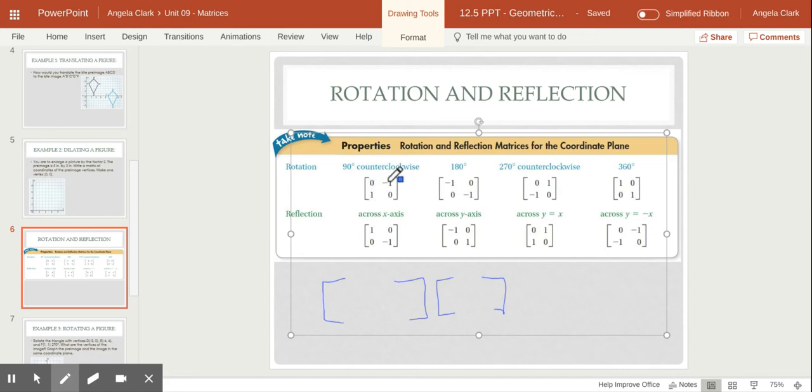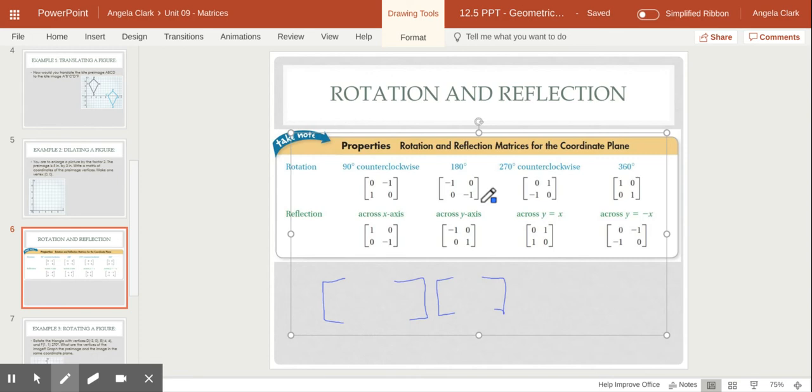This particular transformation matrix, the 90-degree rotation, is going to switch x and y, and it's going to make what was previously y negative. This one is just going to change the sign on everything.